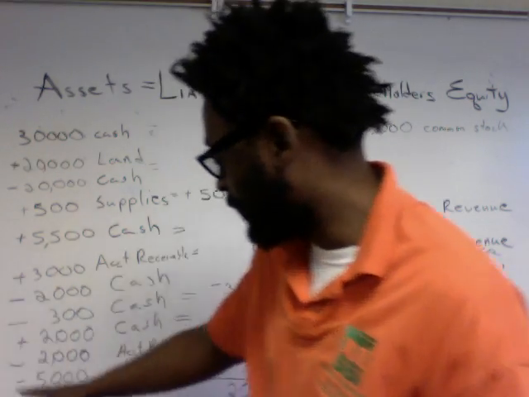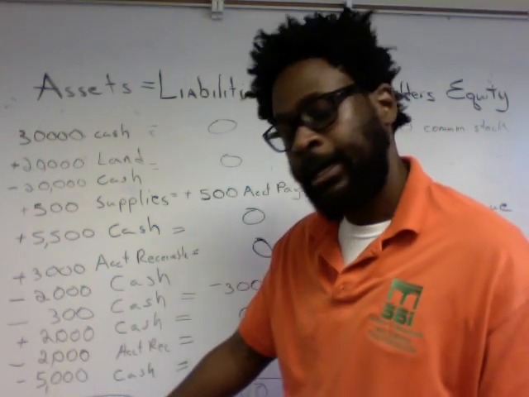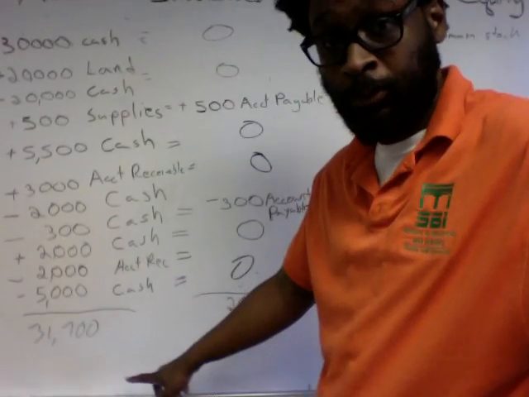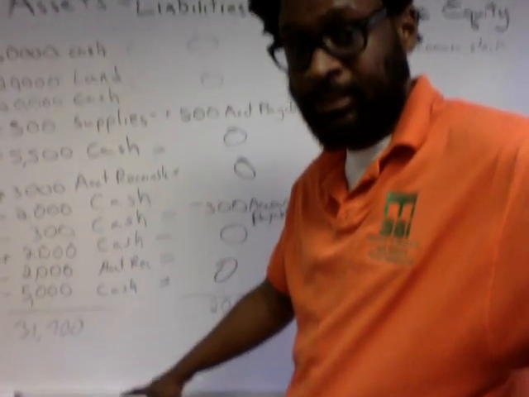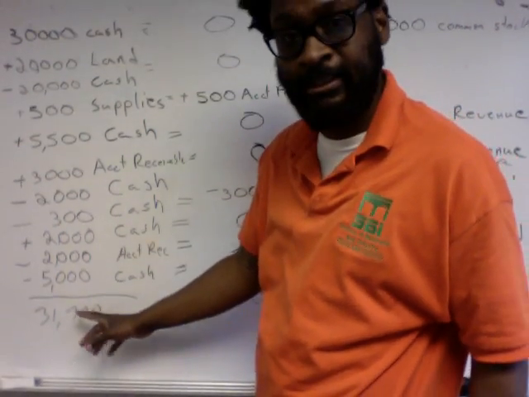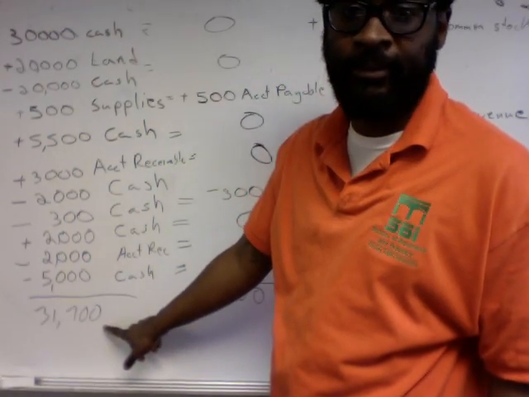So we finished doing all the particular transactions, and I just did a quick summation of the totals and the changes of the particular groups. So we see that if we added up all of our asset accounts that were affected, the total value would be $31,700.